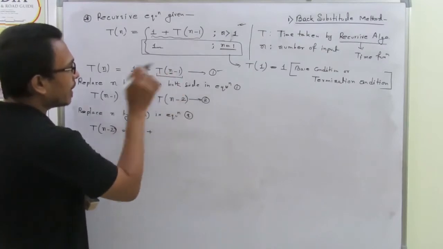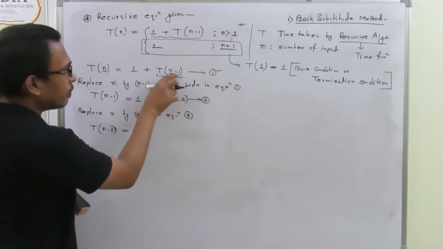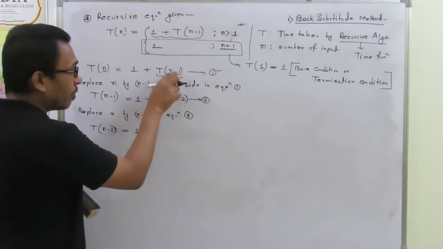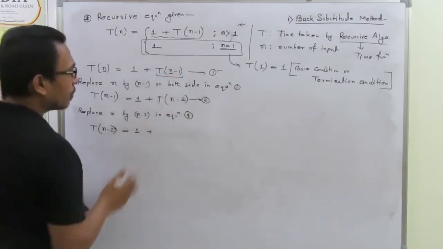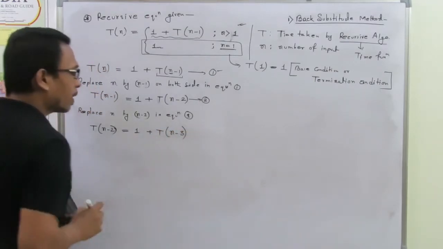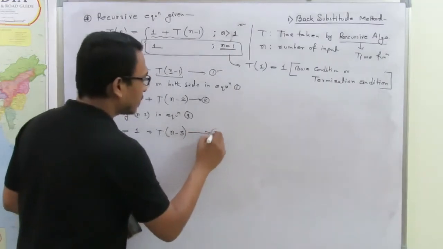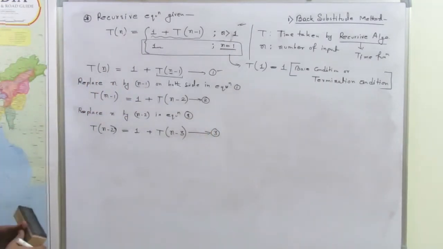That means this n will become n minus 2, and still we have one more minus 1. So in total we will get t of n minus 3. Hope you understood. Let's say this one is equation number 3.